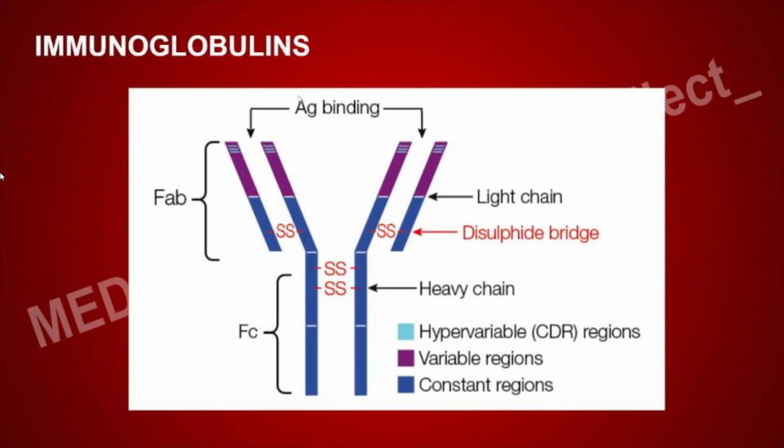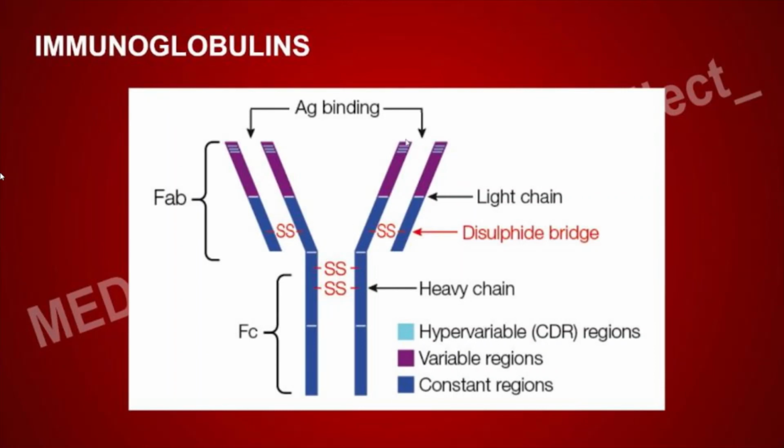So now over here, the immunoglobulin, as you can see, contains 4 polypeptide chains: 1, 2, 3, 4, 2 identical light chains and 2 identical heavy chains, joined by disulfide bonds.